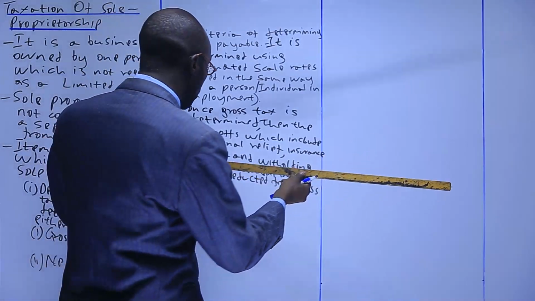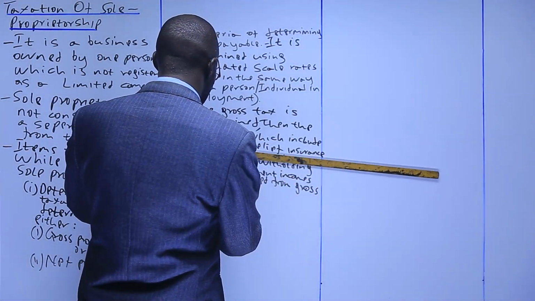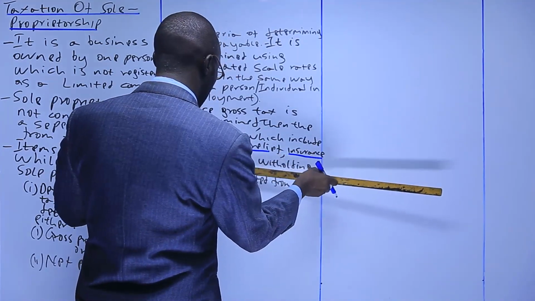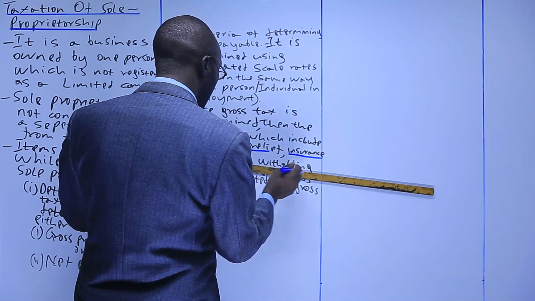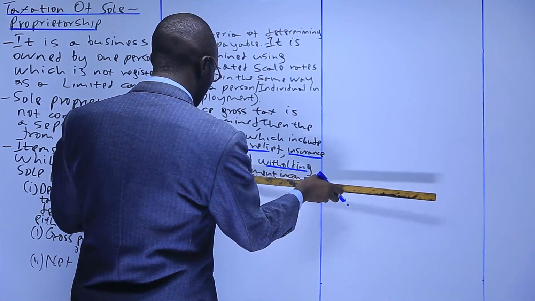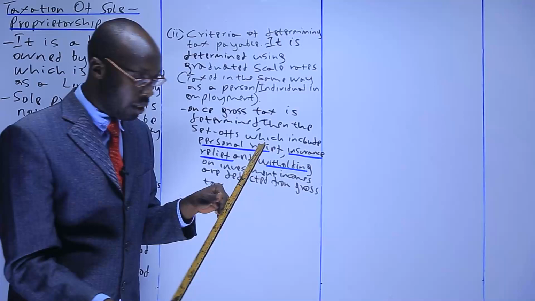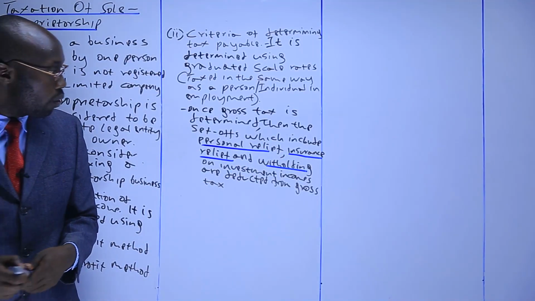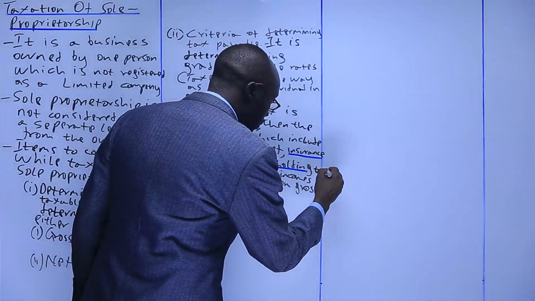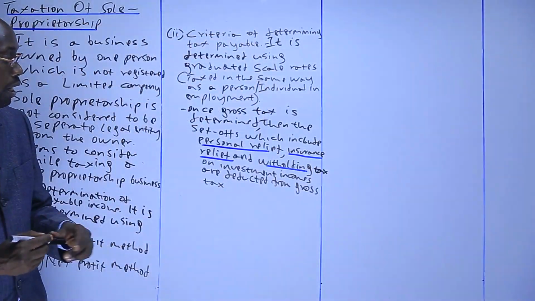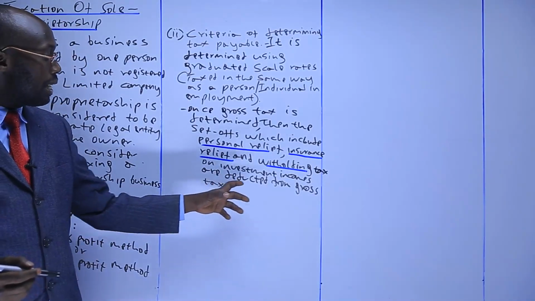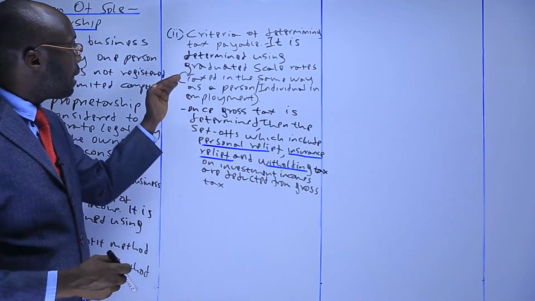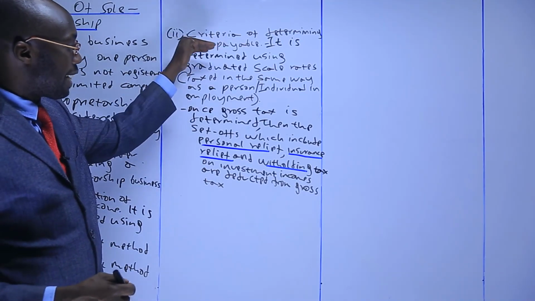The first one is the personal relief, the insurance relief, and the withholding tax on investment income, which is deducted from the gross tax. That is in the criteria of determining the tax payable.